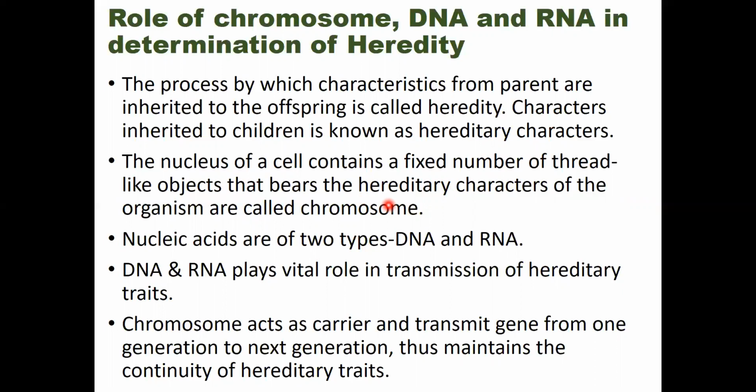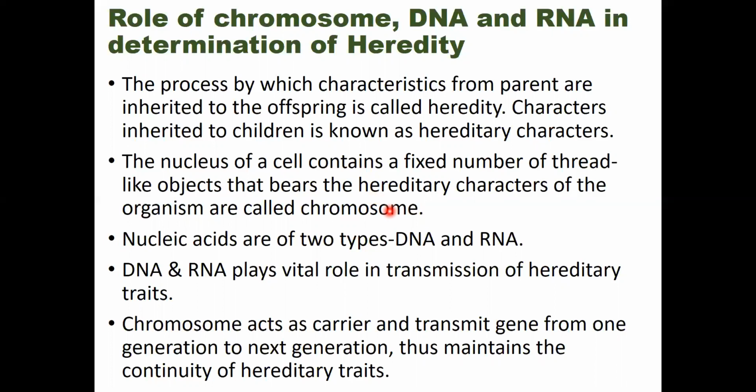And the nucleic acids are of two types: DNA and RNA, deoxyribonucleic acid and ribonucleic acid. DNA is the main component of chromosomes, and DNA and RNA both play a vital role in transmission of hereditary traits. It is accepted by all that the genes located in the chromosome control the characteristics of the organism.